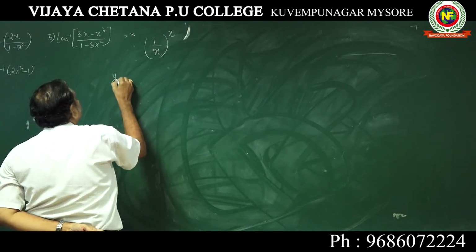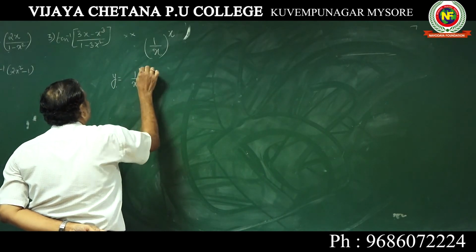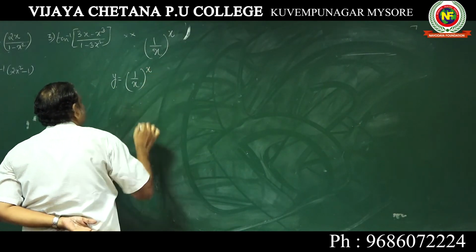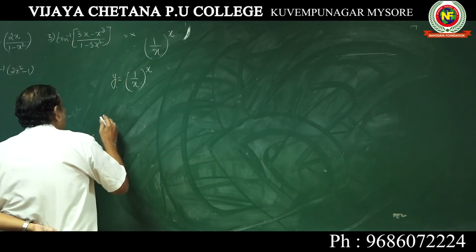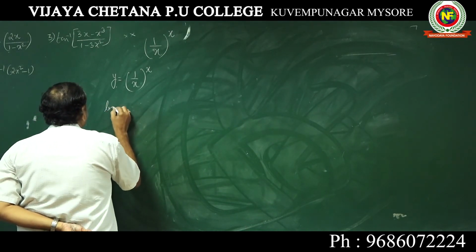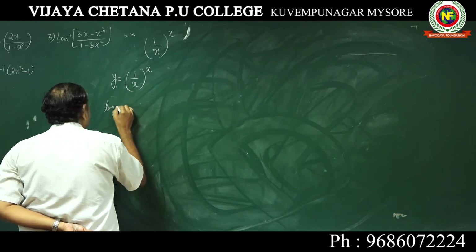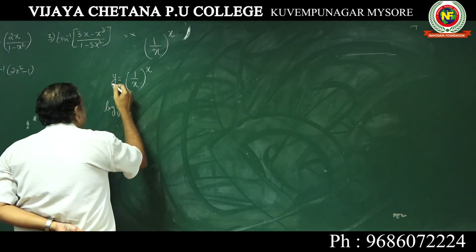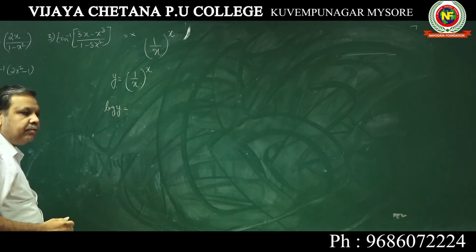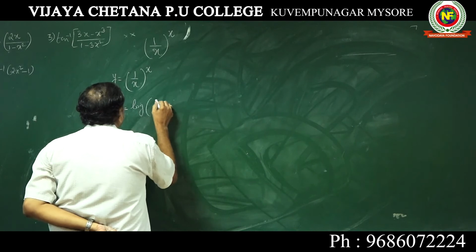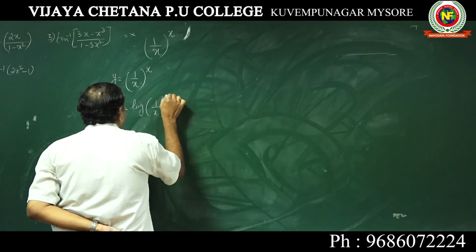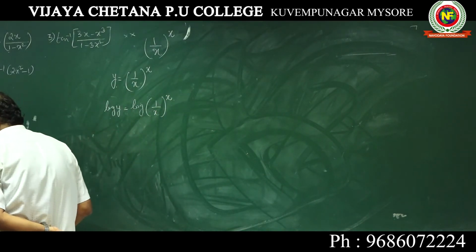Y is equal to 1 by x to the power of x. You take y is equal to 1 by x to the power of x. Taking logarithms both sides. I am not going to write taking logarithms because once you write log y, it is understood you are taking logarithms both sides. Log y is equal to log of 1 by x to the power of x.